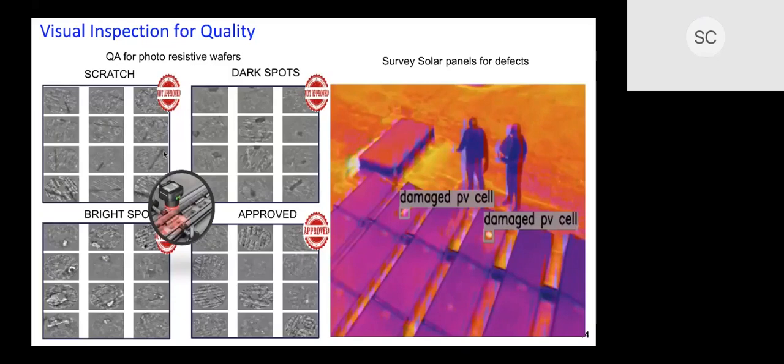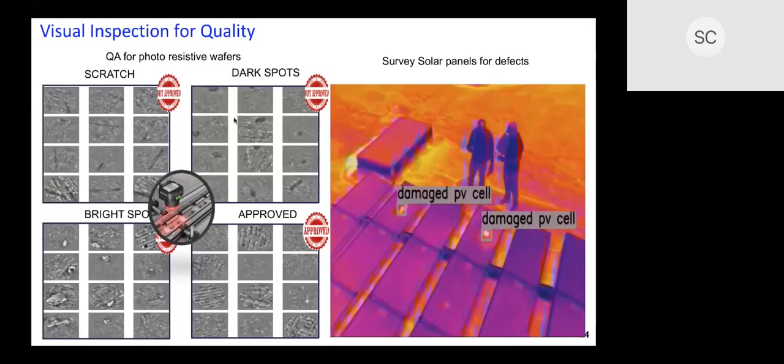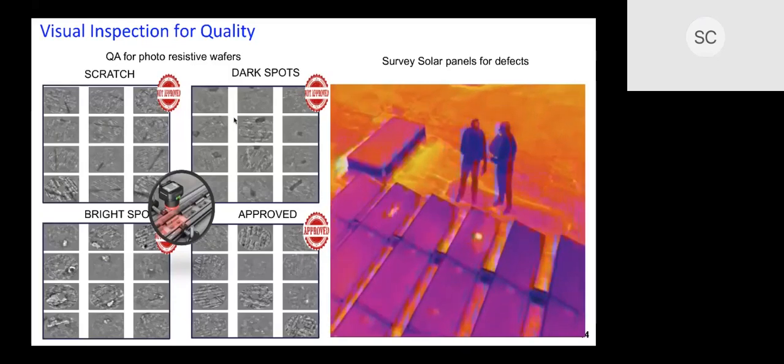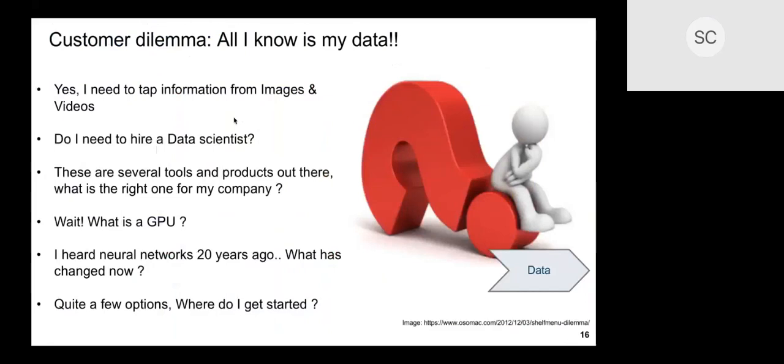All right. So what's the dilemma, right? Our customers today have a lot of data. Our customers today are hearing about evolution in hardware with GPUs, evolution in studies like deep learning and machine learning, and they're trying to hire data scientists who can help them find insights from their data, right?